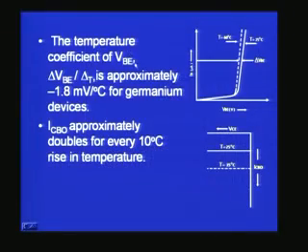The biasing point will have to be a fixed point with reference to temperature, then only my amplifier will behave in the same way I want it to. Okay, the temperature coefficient of VBE, which is represented by the small change in the VBE to the small change in temperature, delta VBE by delta T, is approximately minus 1.8 millivolt per degree centigrade for a germanium device, and it is about minus 2 millivolt for silicon transistors.